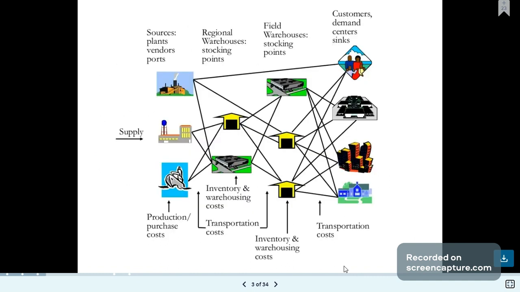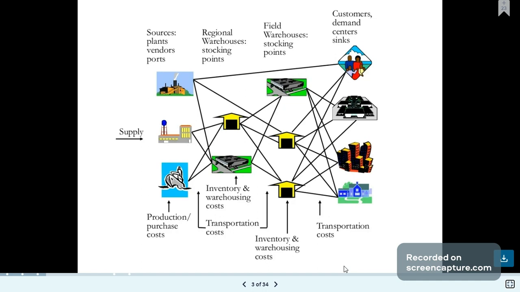Okay. After that, this is the flow chart of the supply chain. As we can see, in our working, the process of supply chain first starts from the source plants, vendor ports. After that, there are multiple various ports, so we can understand the regional warehouse stocking points as well, field warehousing stock points as well, customer demand centers, sinks.